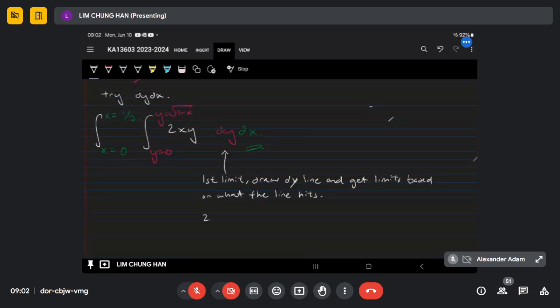For the second limit, you just get the limits based on the smallest number and largest number along the axis.